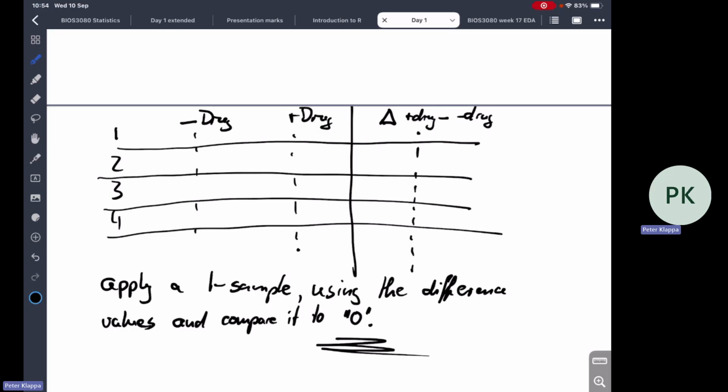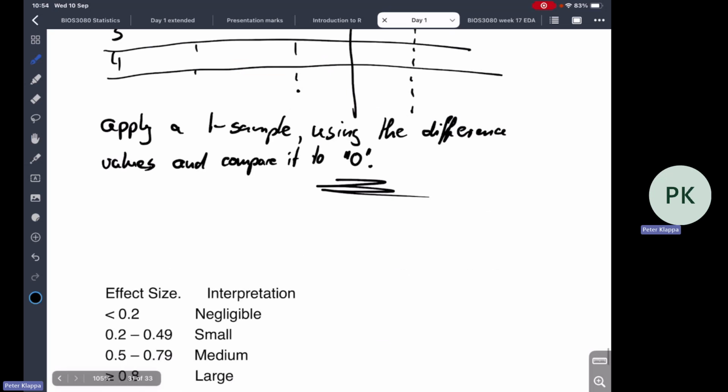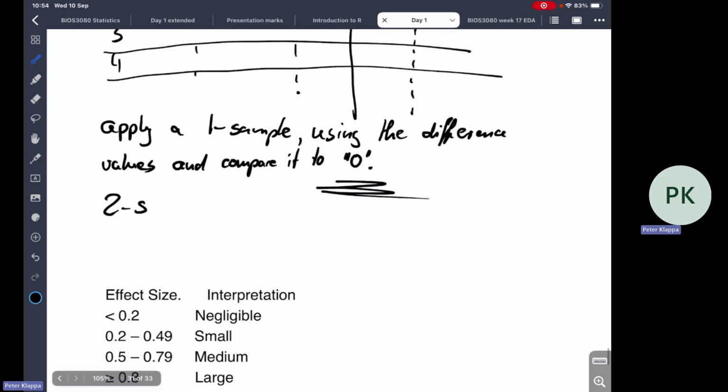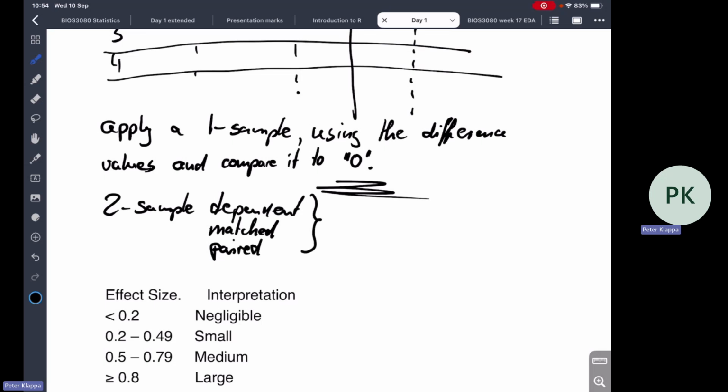So a typical feature of this, what is called a two-sample dependent t-test, and instead of dependent, you sometimes find matched, because you match the two data points to the same person, or you also find it as paired t-test.